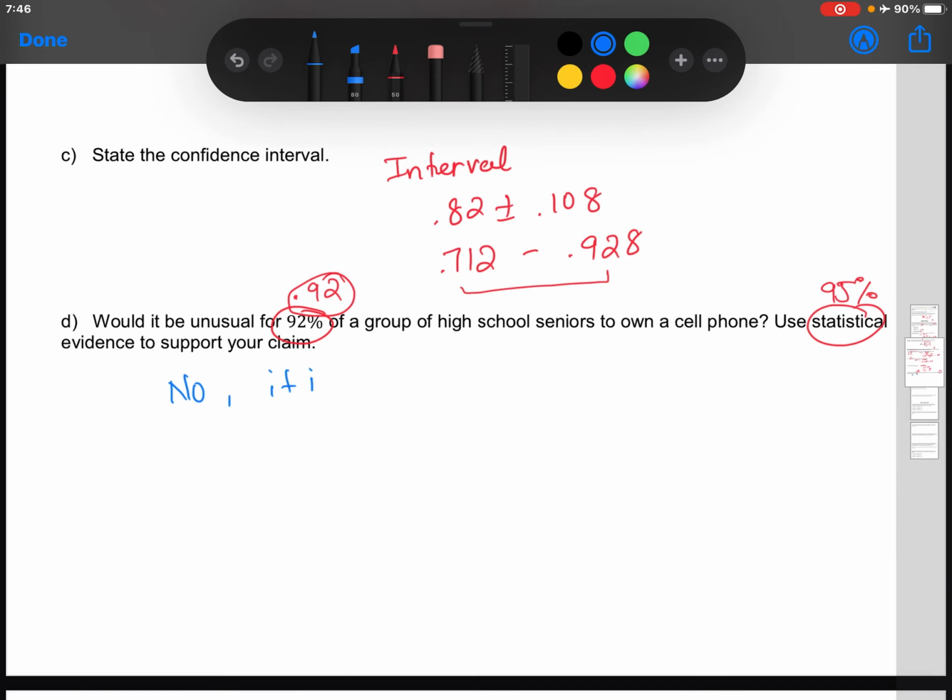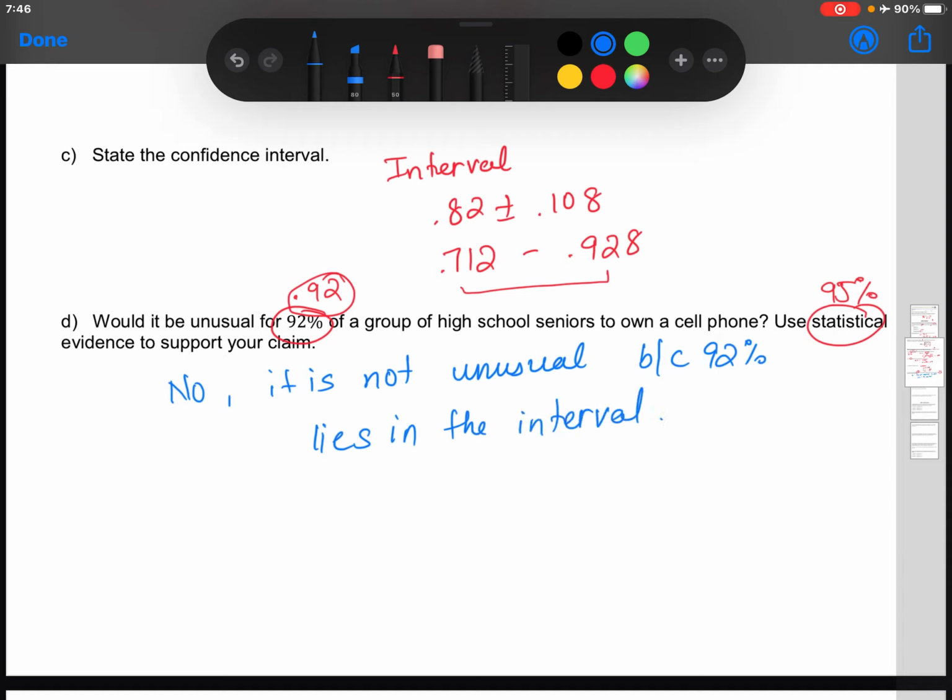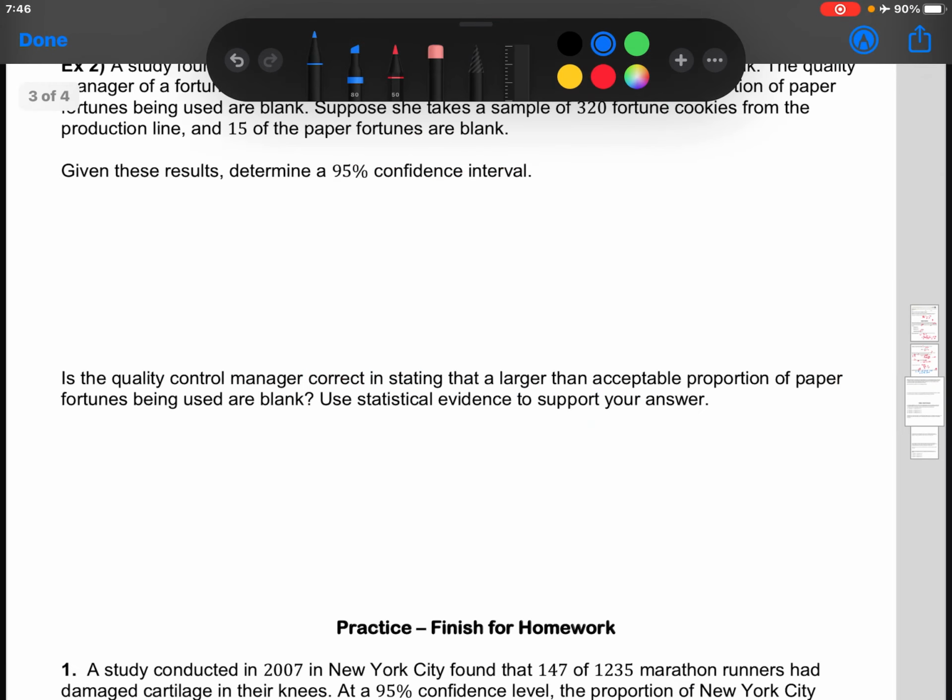No, it is not unusual, because 92% lies in the interval. If I had said 70% or 95% of the seniors should own a cell phone, then I would have said it would be unusual.